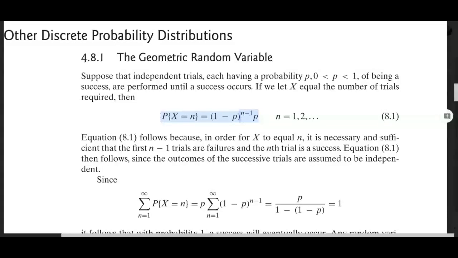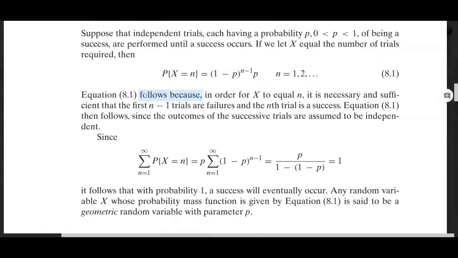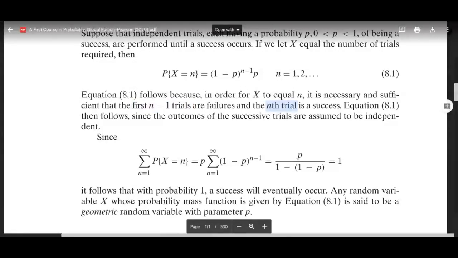Nice formula. I think last class someone already used this, choosing a problem from chapter 4, but he just didn't mention this is the geometric distribution. In order for x to equal n, it is necessary and sufficient that the first n minus 1 trials are failures and the nth trial is a success.